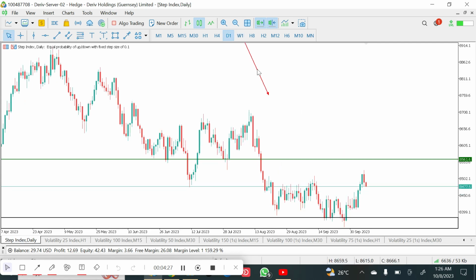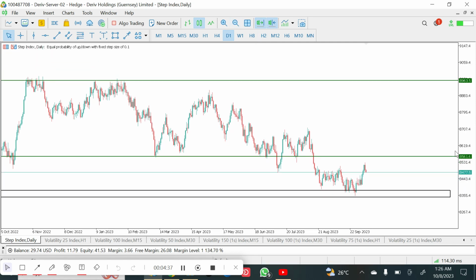On the daily, what we see is price has respected the zone from the bottom, as we indicated earlier from the monthly time frame.